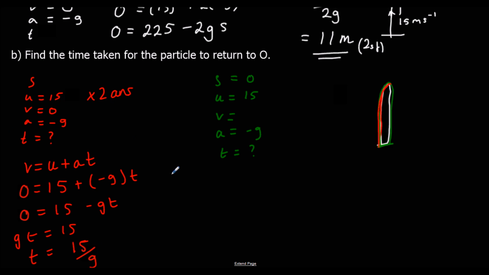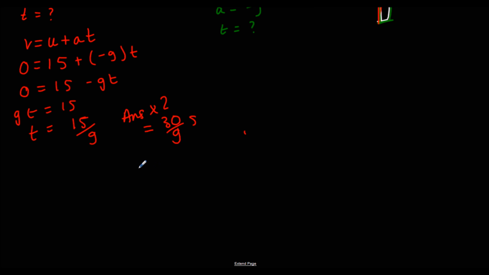And of course we've got to double it. So the answer times 2 is 30 over g seconds. And again, we could type it into the calculator, 30 over 9.8, and give our answer to two significant figures, which is 3.1 seconds.